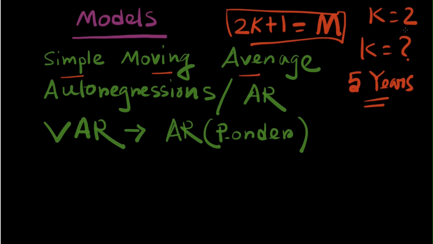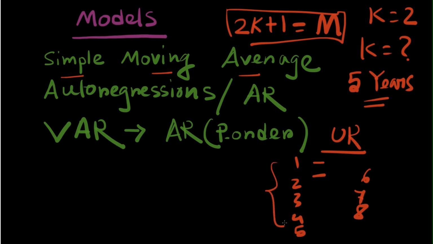In simple terms, what is moving average? For instance, you have a data series, let's say unemployment rate. Over time, it has, let's say, 1, 2, 3, 4, 5, 6, 7, 8 observations. Now, if you take the average of every 5 observations and put it at this point, where k means the number 2 observation here, then it is called the 5 year moving average.